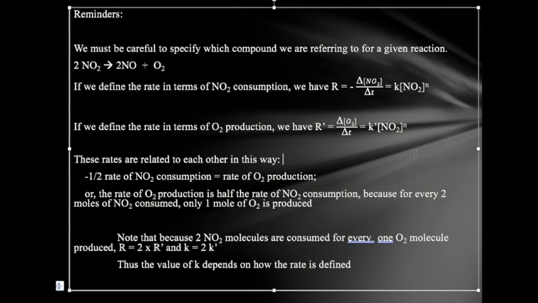Here's why. Here's how this works. We've already kind of thought through this. The rates are related to each other in this way. One half the rate of the NO2 consumption is equal to the rate of O2 production. In other words, the rate of O2 production is half as large as the rate of NO2 consumption.